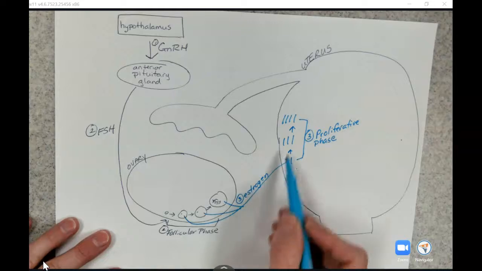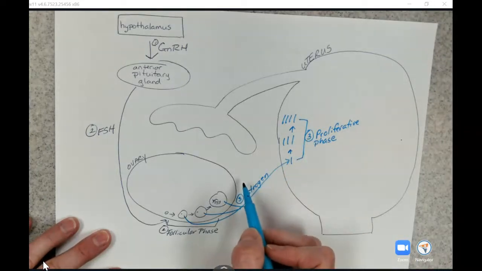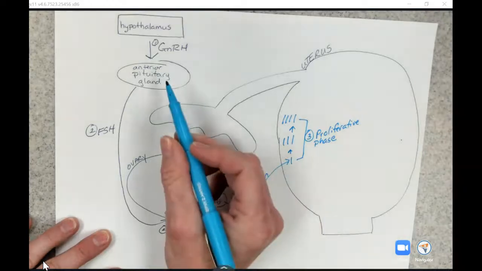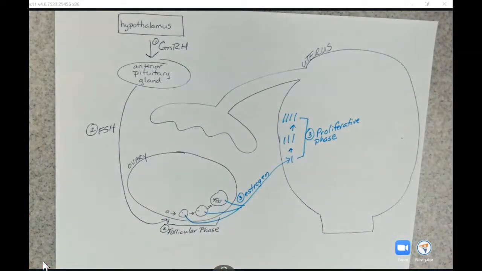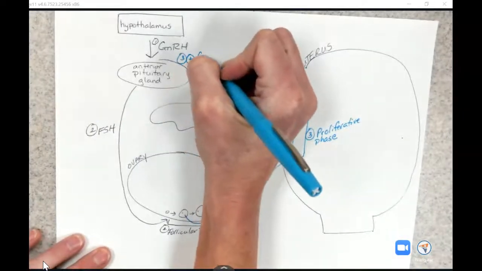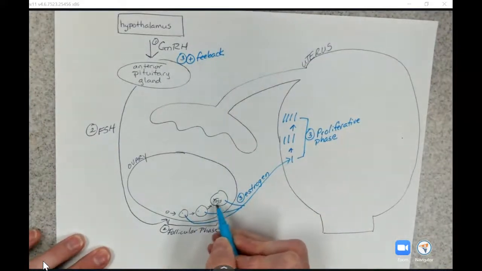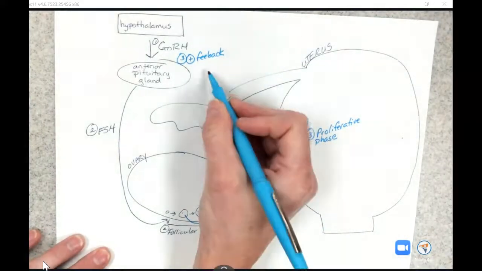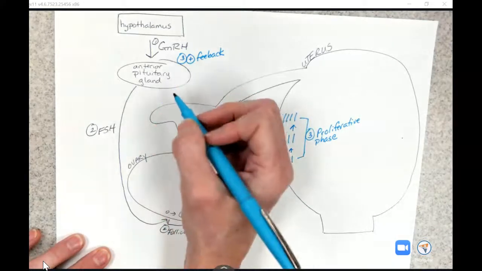Now estrogen, besides causing the development of this uterine lining, is going to have a positive feedback effect on these hormones up here. So I'm just going to draw that up here at the top. So I'll put a little 3 through positive feedback, because the bigger the follicle is, the more estrogen it produces. So that's going to positively feed back, and it's going to cause the LH surge.